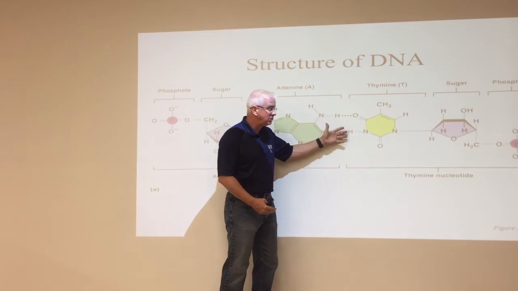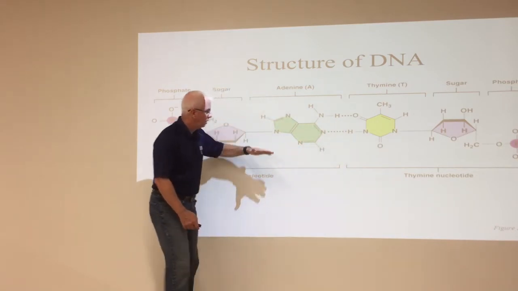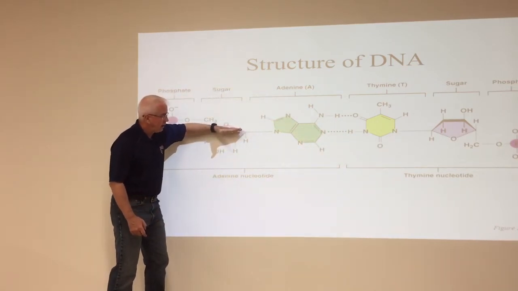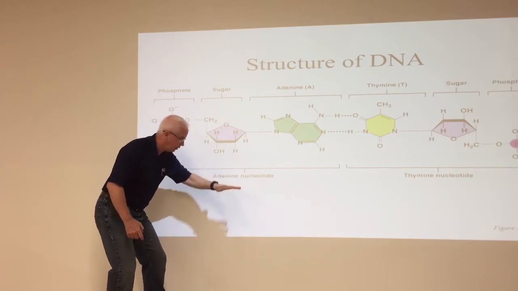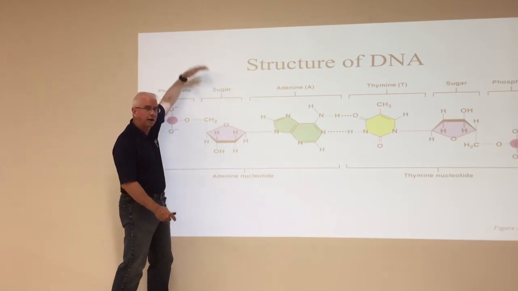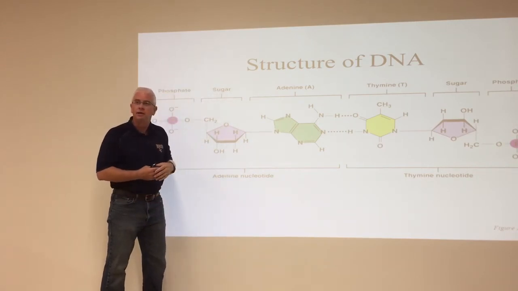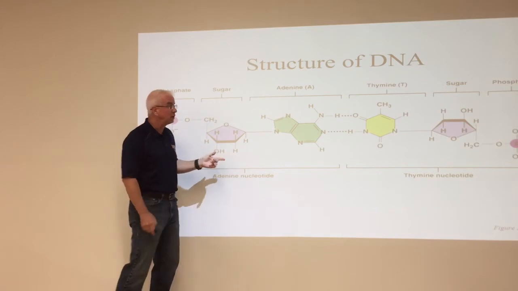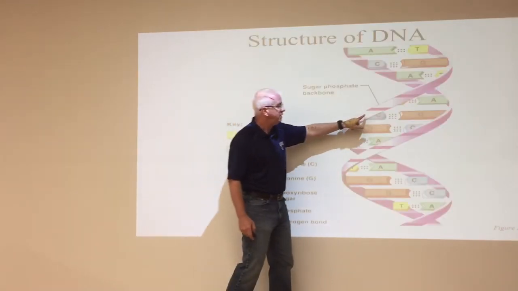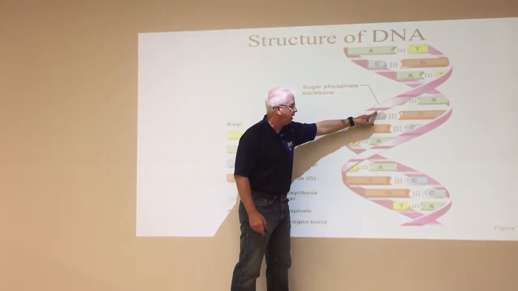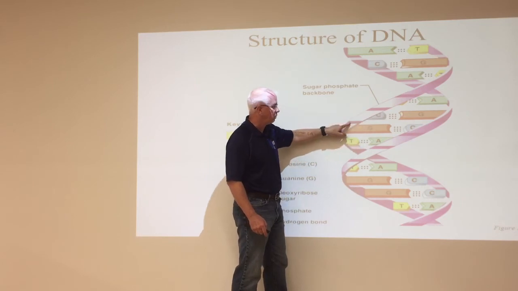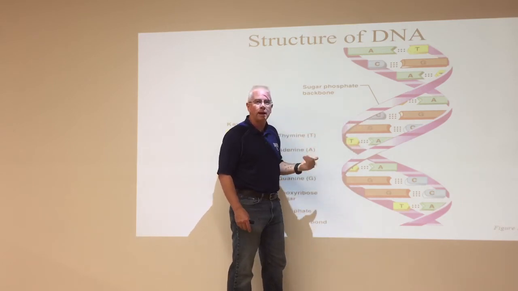So this is the base structure of DNA. Now, this nucleotide will have another one here, and another one here, and one here, and one here, until we get to 3 billion. It's a big molecule. So if you look at the structure here, these dark purple and light areas and dark purple lines represent the backbone.